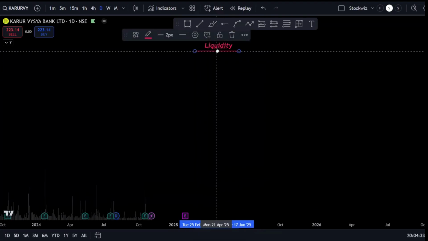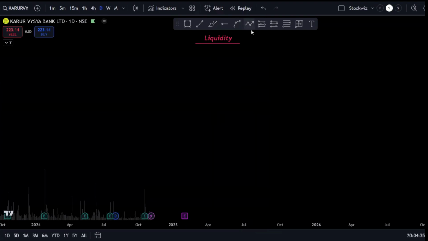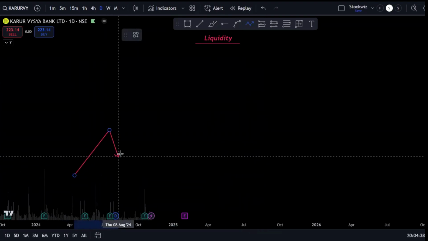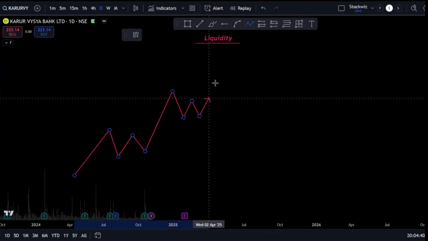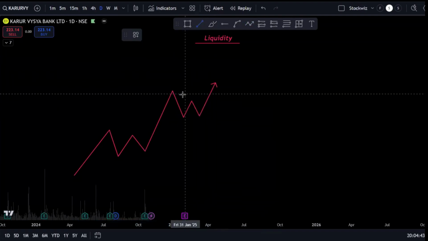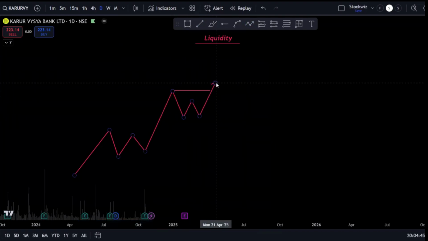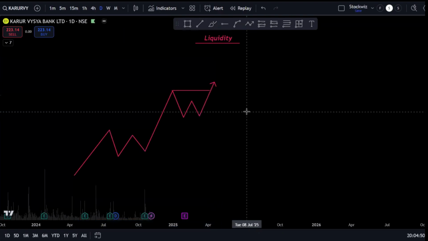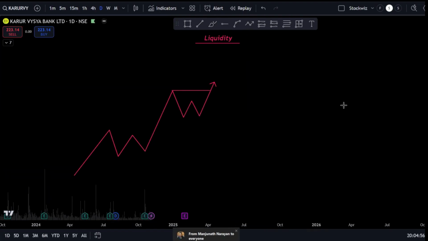Now, let me just rephrase the question. Let's say something like this was happening. What do you think? How many retail traders would have gone long over here? Would the retail traders have gone long at this point? Yes or no? Yes. Do you all agree?